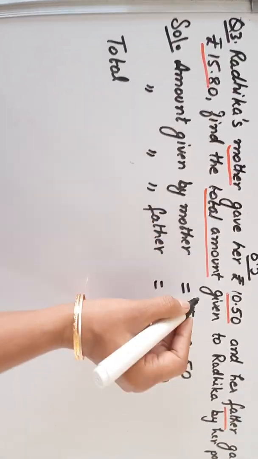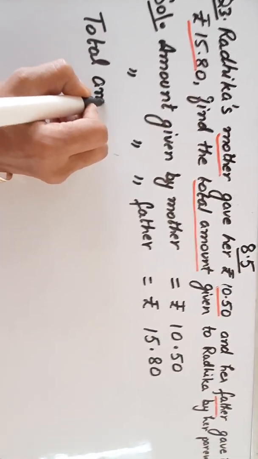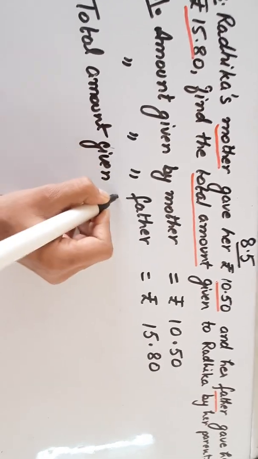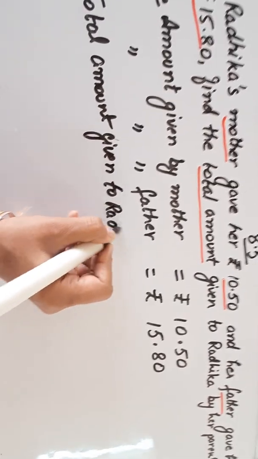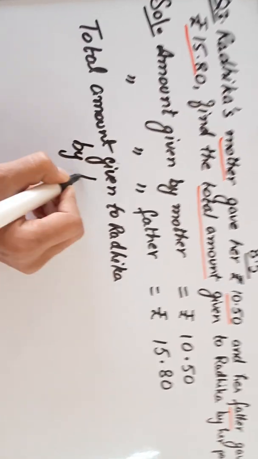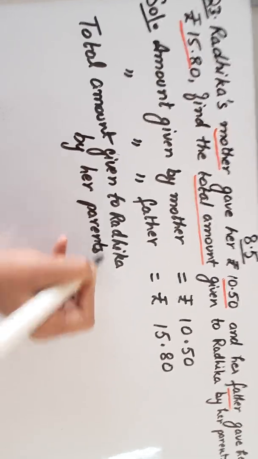So total amount given to Radhika by her parents is equal to, we will write the statements from the question only.